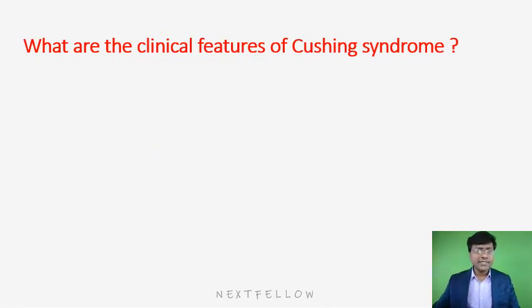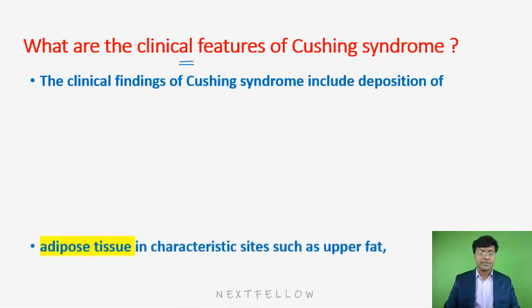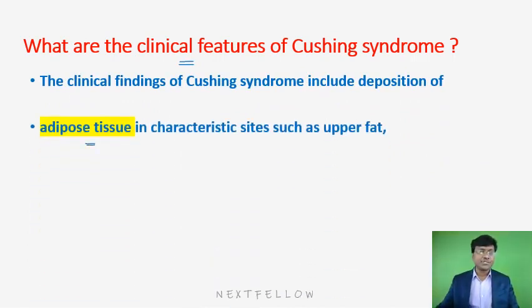Now, what are the clinical features of Cushing syndrome? They include, number one, the deposition of adipose tissue in various sites of our body. The adipose tissue excessively accumulates in the face, resulting in a swollen or round face. It accumulates in the nape of the neck, resulting in a buffalo hump.